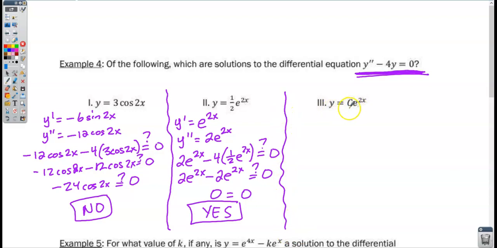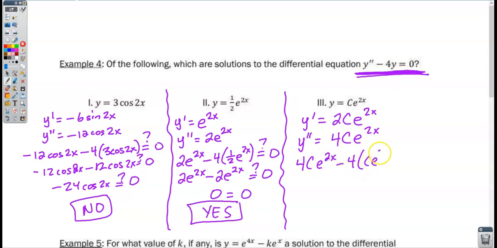All right, last one, y equals ce to the 2x. Again, going to follow the same general pattern. I'm going to find the derivative. It's going to be 2ce to the 2x, since c is a constant multiple. And y double prime is going to be 4ce to the 2x. And so substituting that into this, we get 4ce to the 2x minus 4 times ce to the 2x.